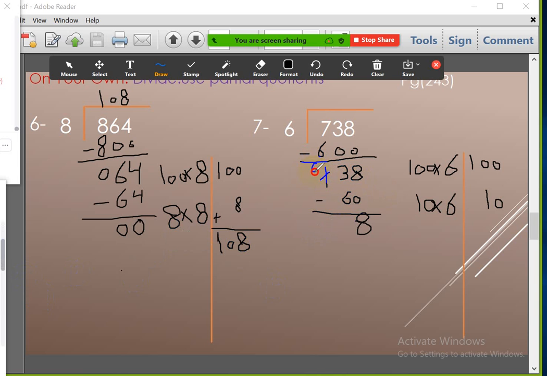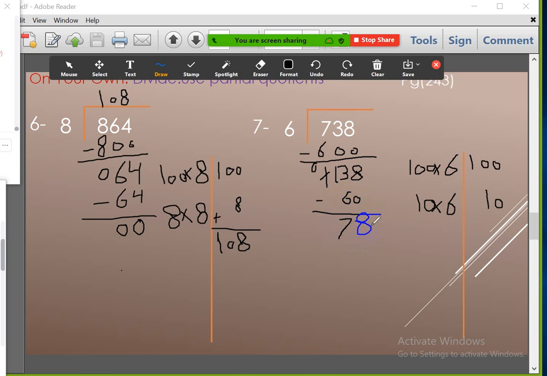So it will be 0 and this 3 will be 13. Now 13 minus 6. Put 6 in your mind and count after 6 on your fingers: 7, 8, 9. It's 7. Very good. So the number left with me is 78.